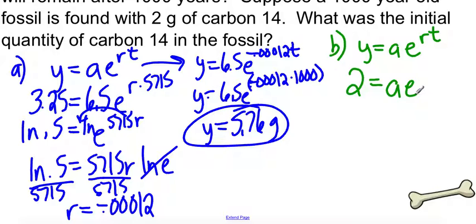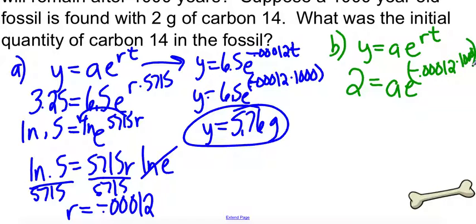R, we do know because it's still carbon-14. We just calculated it. It's the negative 0.00012. And time, this is a 1,000-year-old fossil, so we're going to multiply that by 1,000. Okay, so this is what we have.